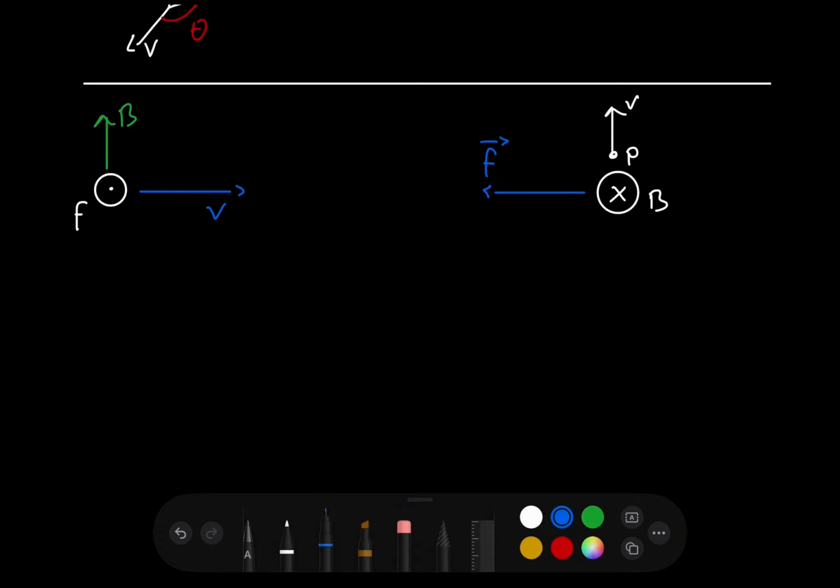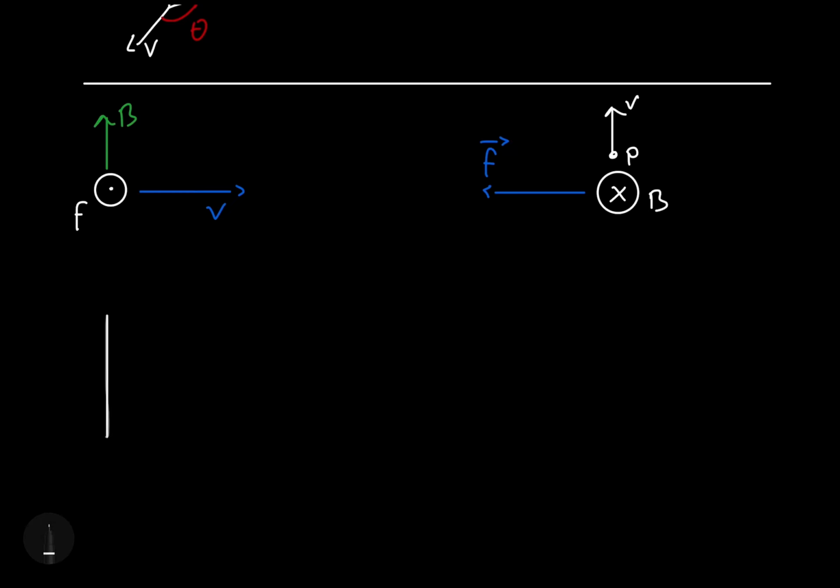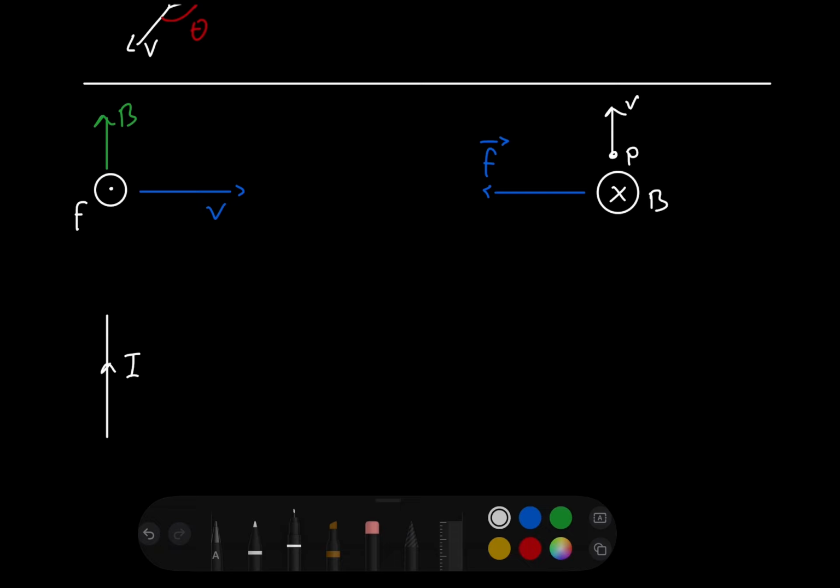Now, let's imagine we have a piece of wire that is carrying current. We know that there's always going to be a magnetic field created around straight wires that are carrying current.